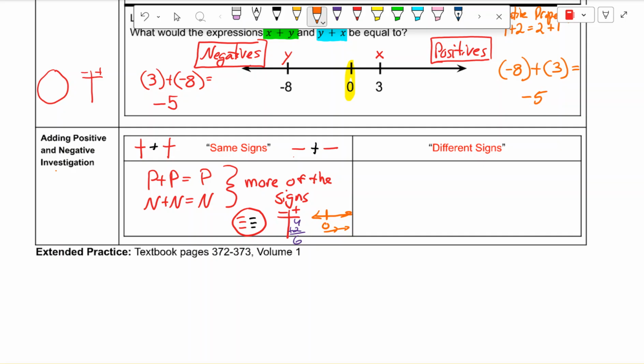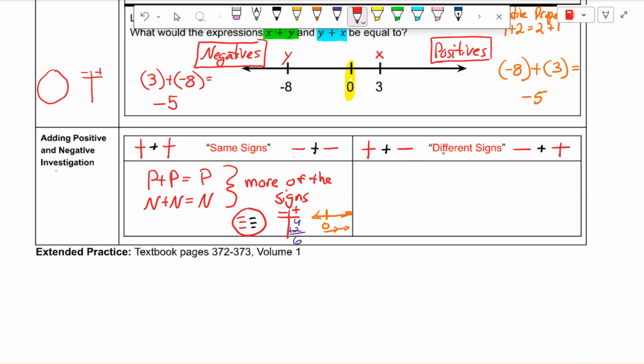But what about this other one? Different signs. We have two unique situations. We can either see positives plus negatives, or we could see negatives plus positives.